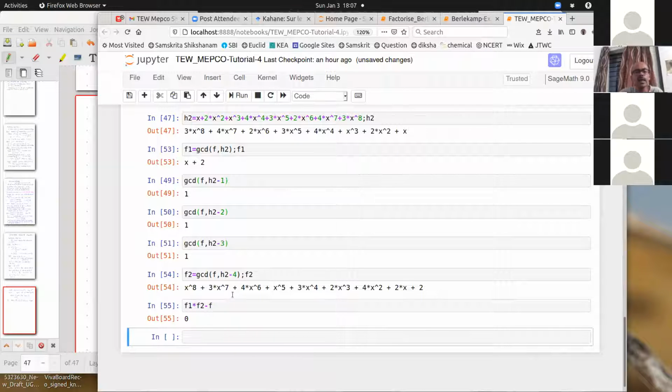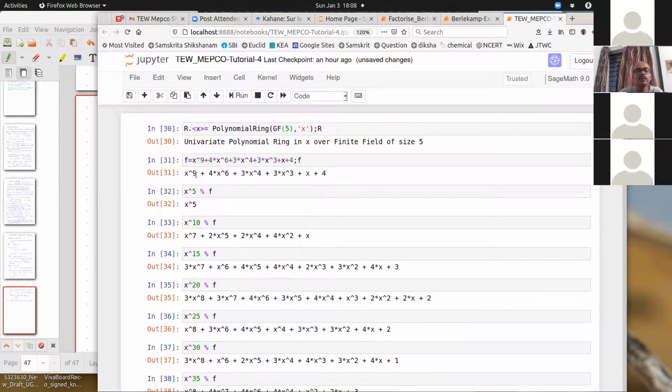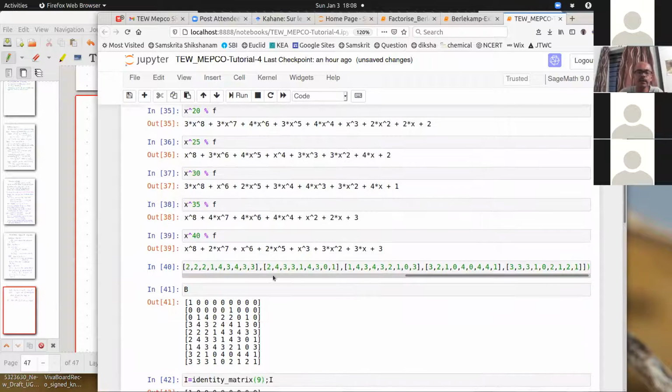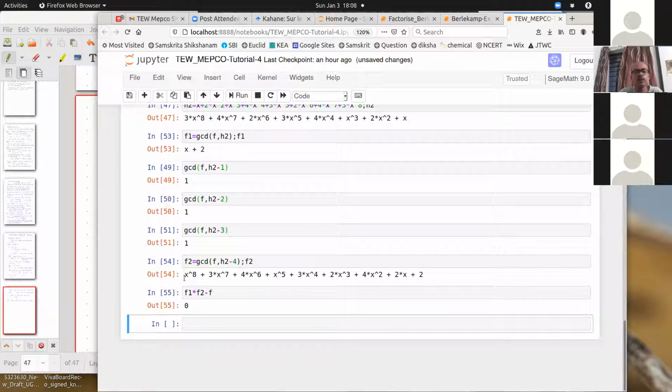The 9th degree polynomial we started with, x to the 9, 4x to the 6, 3x to the 4, 3x cubed plus x plus 4 over F5, is now factored. Since the null space has dimension 2, it has to have two irreducible factors.